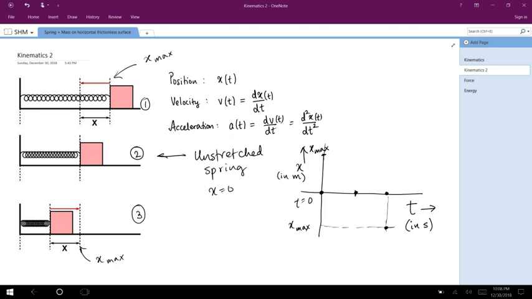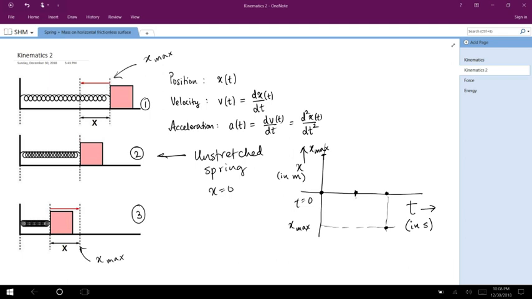Okay, so we know this about the position, but what about what happens in the middle? Initially, at the very beginning in position 1, when the spring was fully stretched, the block wasn't really moving very fast. So the way x, or position, changes is actually slow until the block gains velocity. And at that point, the block is moving faster.